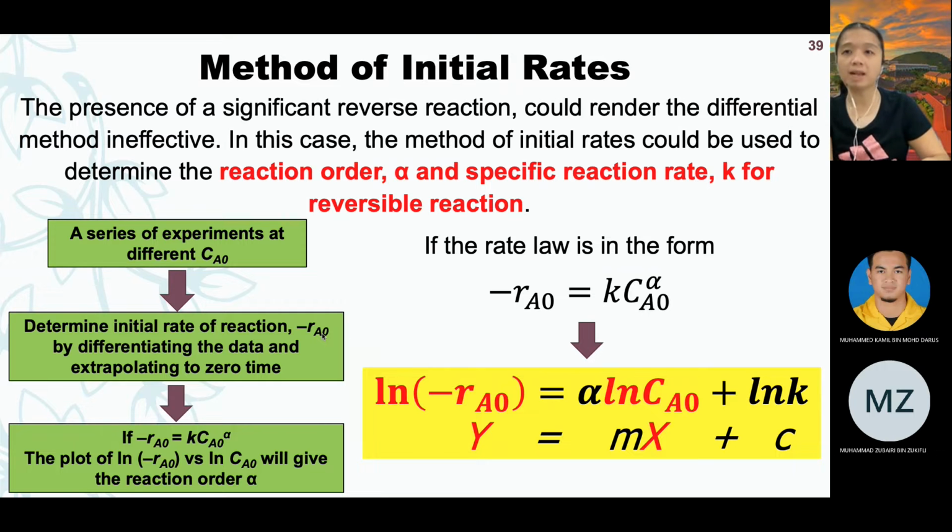From that experimental data, again, kita akan guna equation linear ni, kita akan plot graph. Tapi graph dia akan menjadi in the form of ln minus RA0 melawan ln CA0. From the graph, you will get your alpha, which is your gradient, and your ln K, which is your y-intercept.